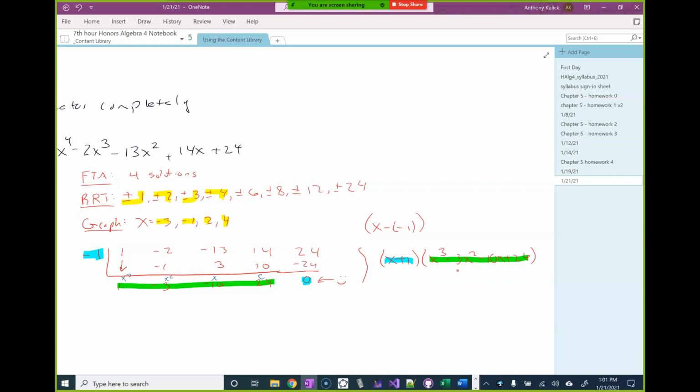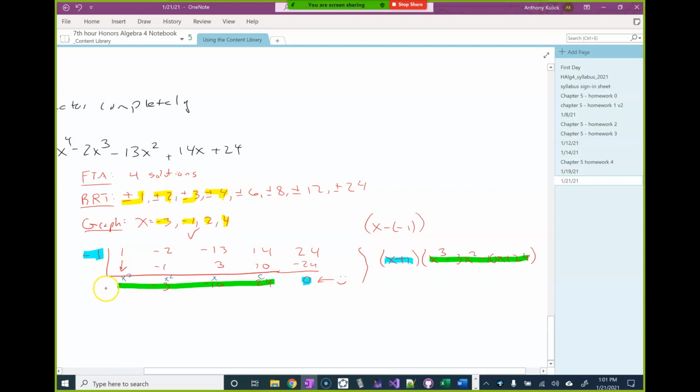Well, any of the choices for factors for the original polynomial will also be factors for its factors, right? So we've already used -1. So we'll just pick one of the other ones. We'll do 2, and we'll just do a synthetic division on that leftover polynomial.